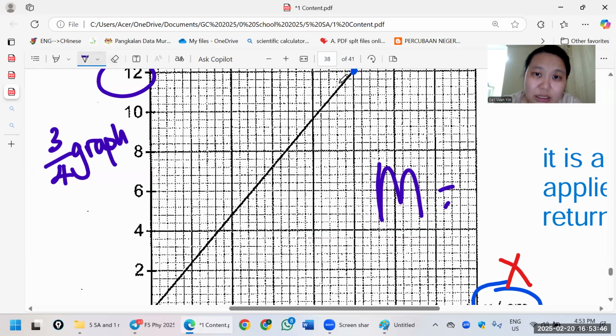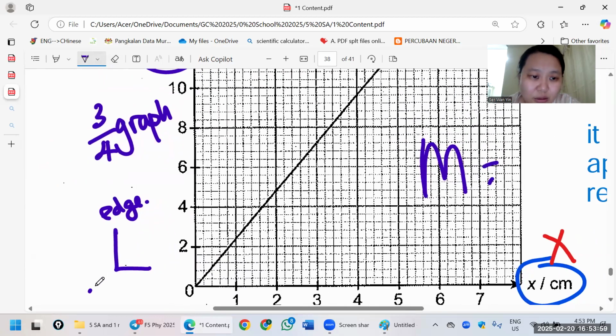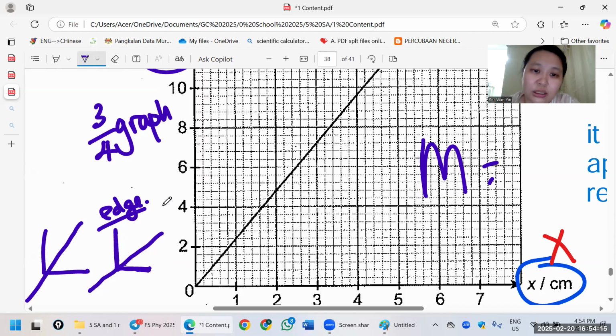You can see that the graph is not exactly at the edge, it does not really cross the corner. Edge means corner. Don't choose a point which is not at the edge line, at the corner.